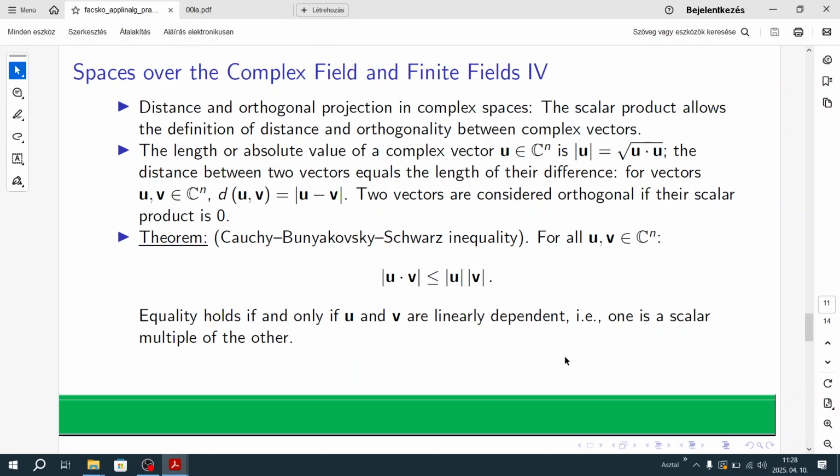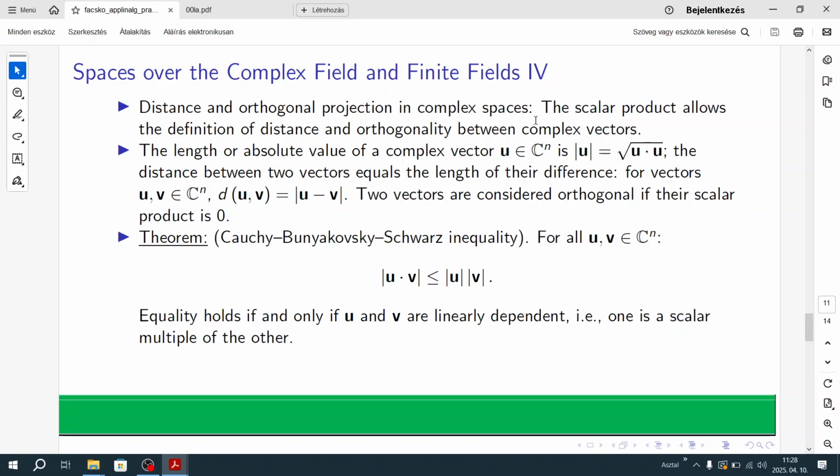The complex scalar product allows a definition of distance. You take the u and v vectors here. These are in the complex vector space, and the definition is this one.